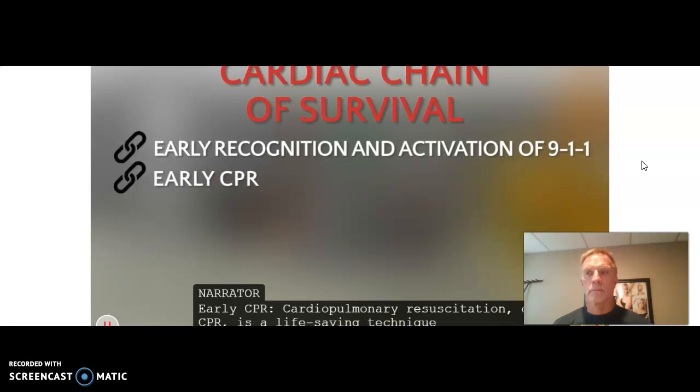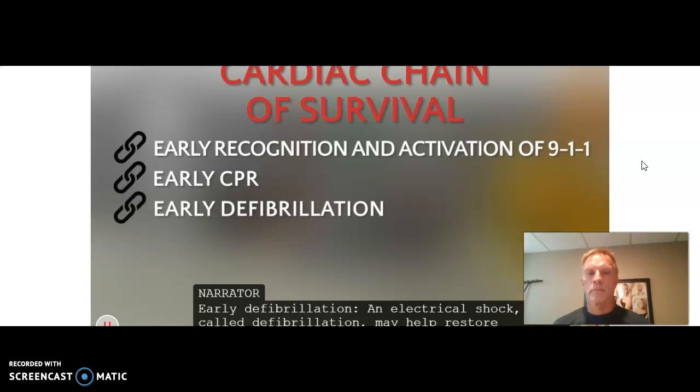Early CPR, cardiopulmonary resuscitation, is a life-saving technique that keeps oxygen-rich blood flowing to the heart and brain. Early defibrillation: an electrical shock called defibrillation may help restore an effective heart rhythm. An automated external defibrillator, or AED as they're commonly called, is a device that administers a shock.